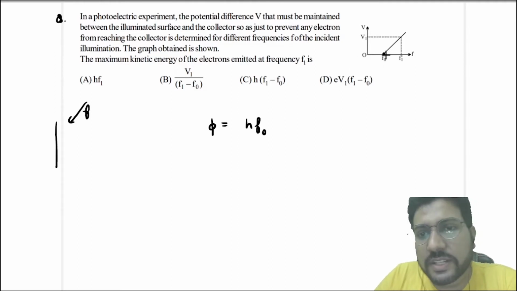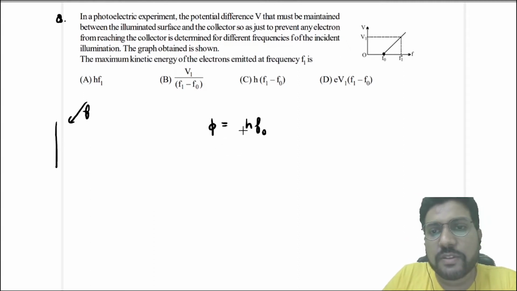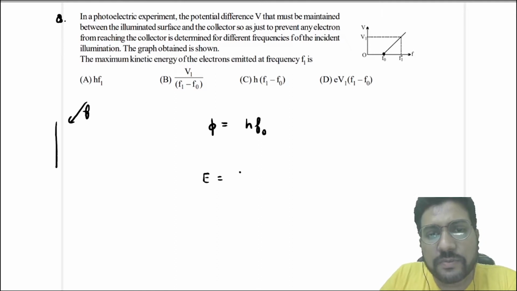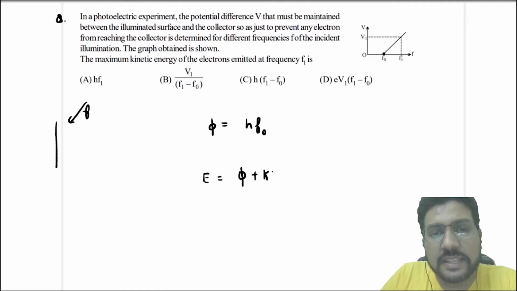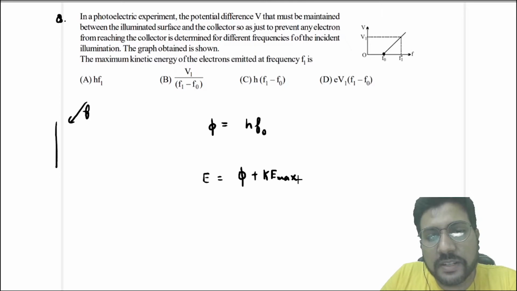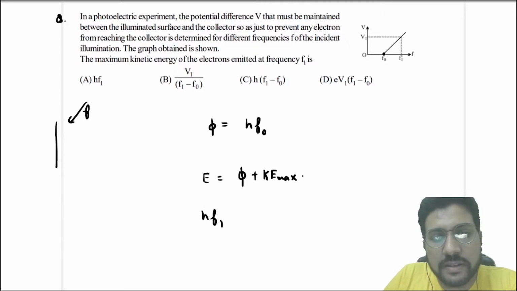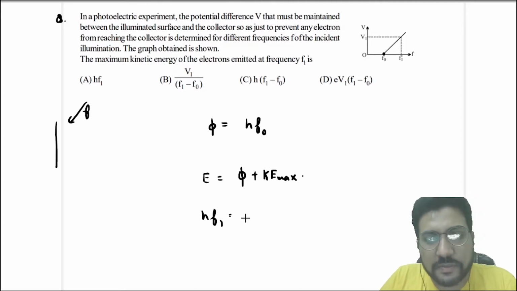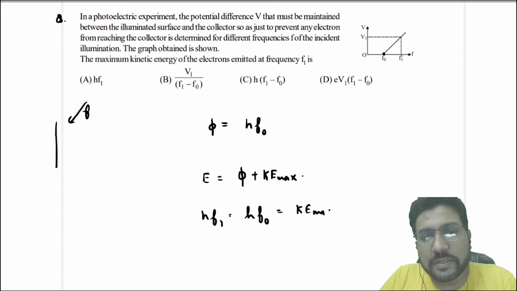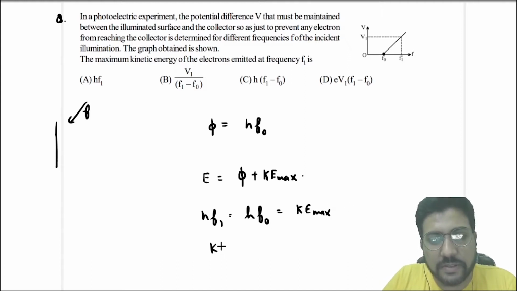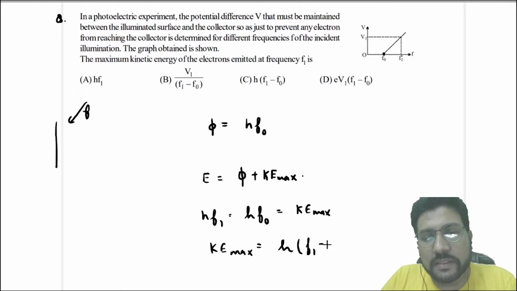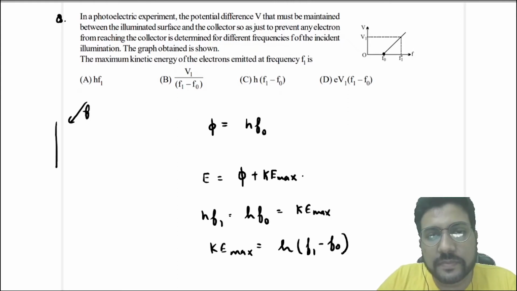Once you have the work function, you know that E is equal to phi plus Ke max. This is Einstein's photoelectric equation. Now E is hf1, phi is hf0, and Ke max we need to find out. So Ke max is equal to h into (f1 minus f0).